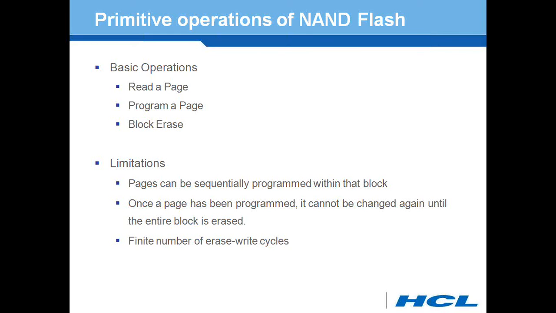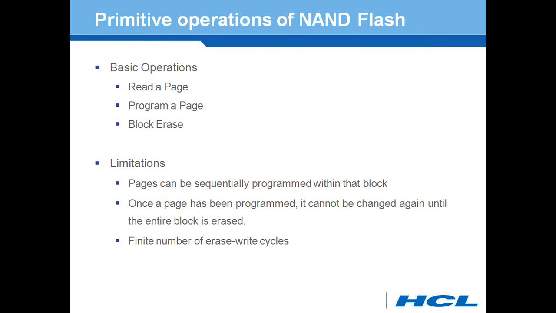When we do programming, it is again done on a page basis. Initially the page at which the data has to be programmed needs to be identified. The programming starts with loading the address, followed by the data. All this information is loaded into the data register.